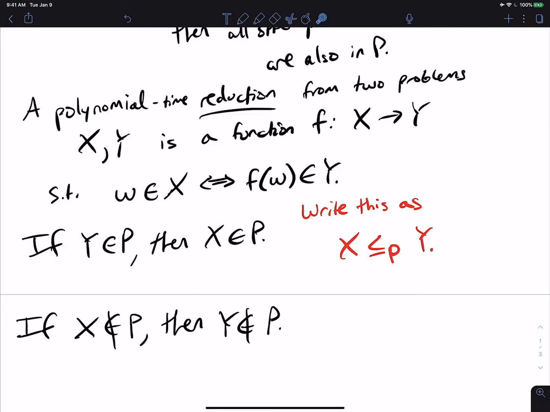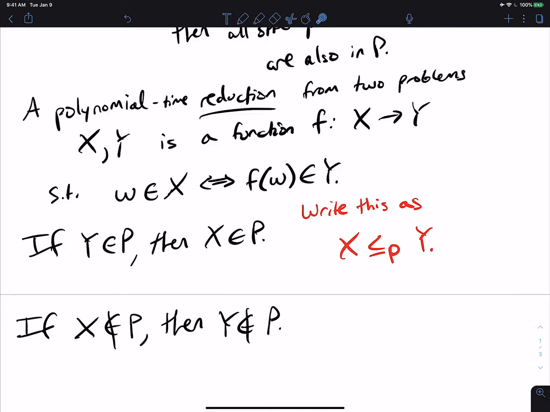It should be the other way, or an arrow or something. I don't agree with this notation, but this is just the notation everyone in the entire world uses. So unfortunately, we're stuck with this. But this just means that X reduces to Y. So if Y is fast, then X is fast. If X is not fast, then Y is not fast, for some notion of fast.